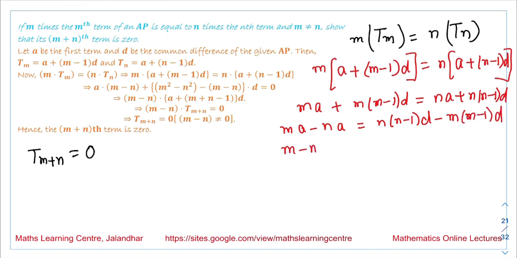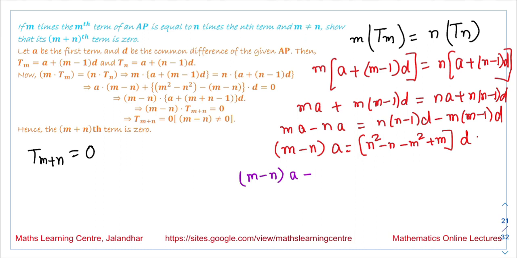So (m minus n) a is equal to minus (n square minus n minus m square plus m) into d. So we get that (m minus n) a is equal to, shifting these terms to the other side, plus (m square minus n square minus m plus n) into d is equal to 0. We have changed the sign of all these terms.